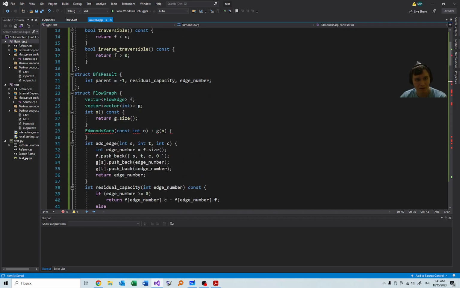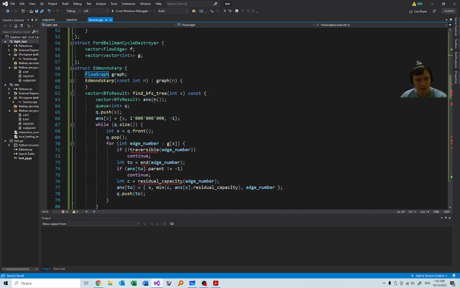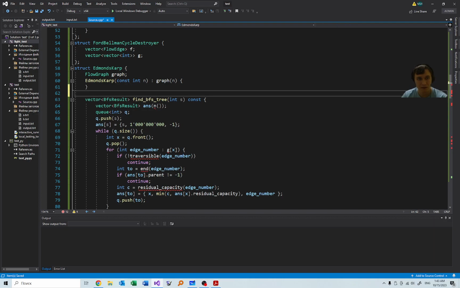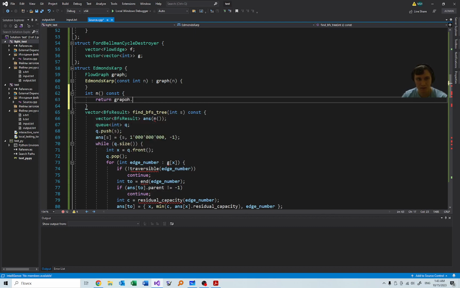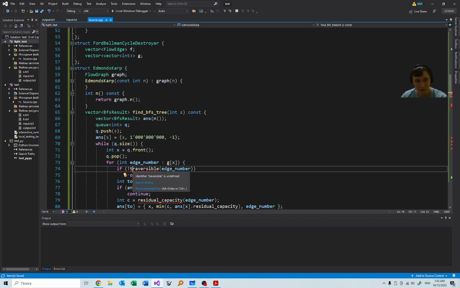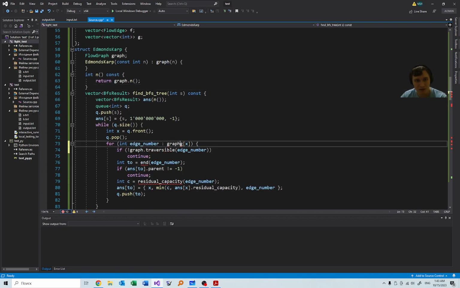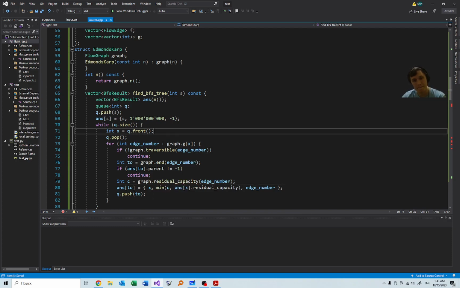Here we have this thing. And we call everything from the graph. graph.traversable, graph.g, graph.end, graph.residual capacity, all this stuff.